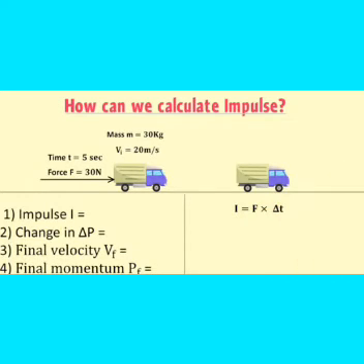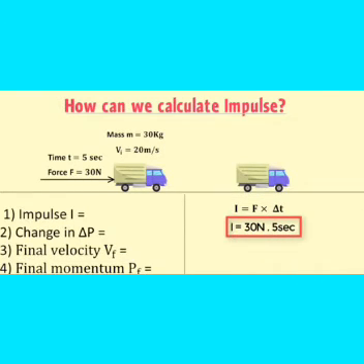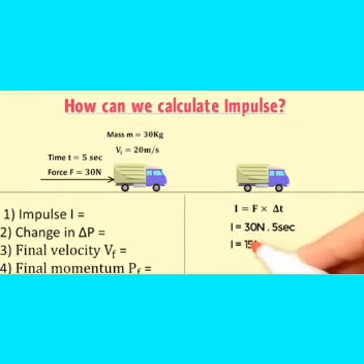We know that impulse I is equal to F into t. Hence, impulse is equal to 30 Newton into 5 seconds. We get I is equal to 150 Newton second. As we learned in the previous section, impulse I is equal to change in momentum.